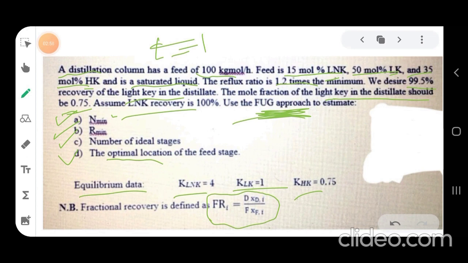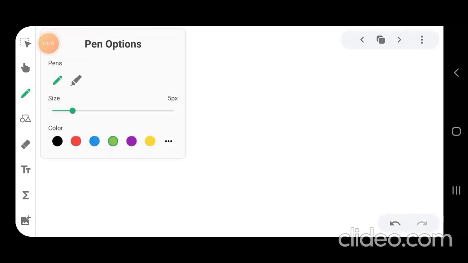Okay, so the first thing, before we solve anything, we are going to list the given information. The first information is we have a 100 kilomole per hour feed, and we have the composition in the feed.